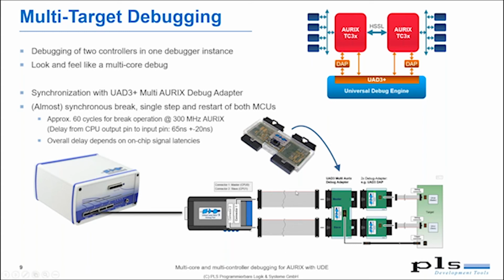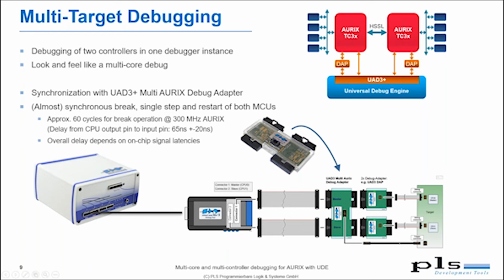And at the other side, we connected the system to our UDE 3 Plus base device. This is necessary because the UDE 3 Plus is able to connect multiple targets at the same time. You can connect up to 8 targets.